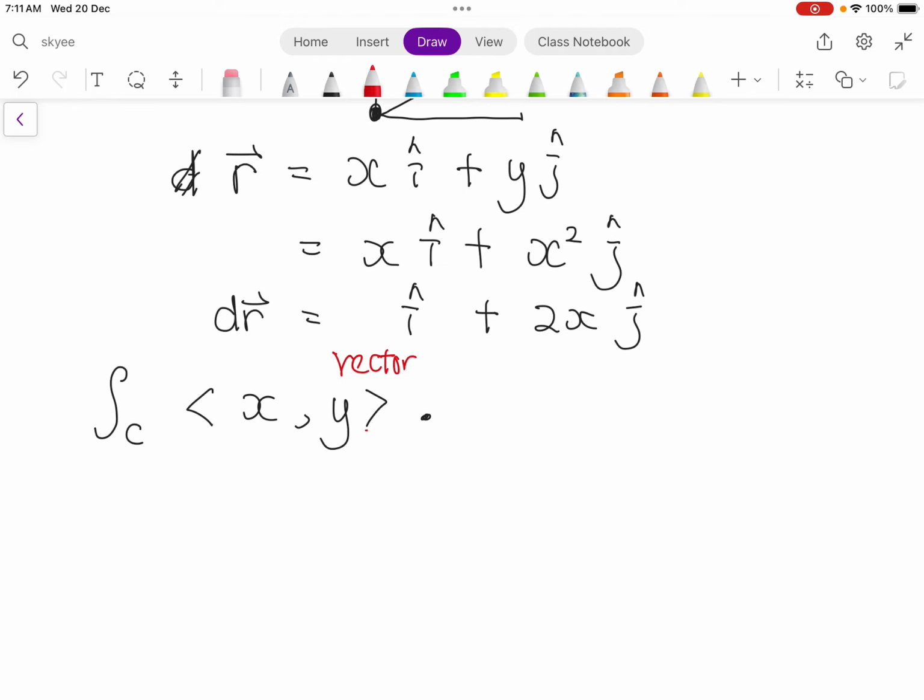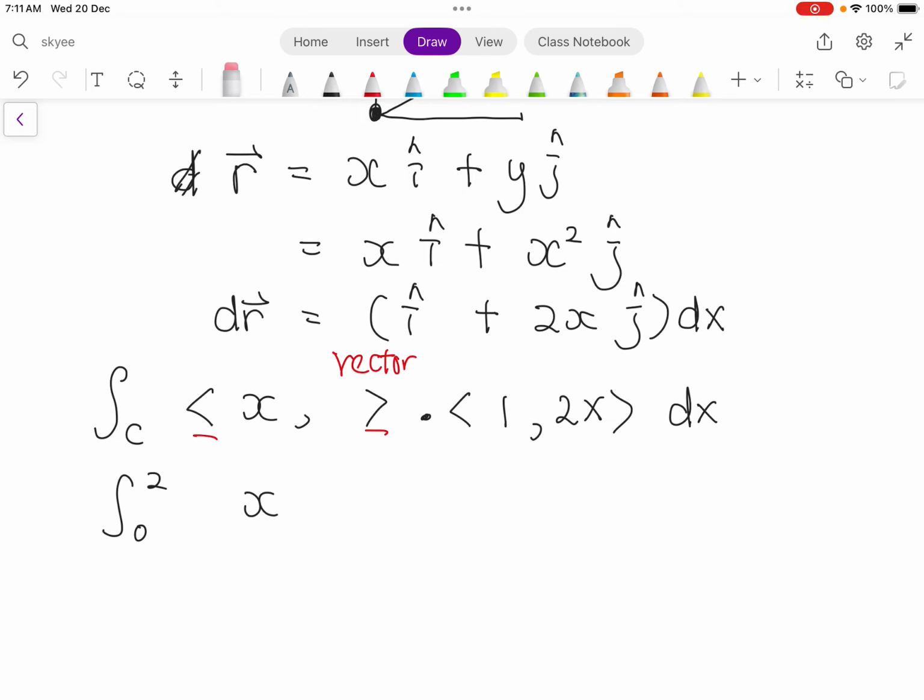I write it using this bracket, and then 1, 2x, and this one I have the dx, because I differentiate with respect to x. So the x still is from 0 to 2. Alright, I forgot to convert again, so this is the x squared.